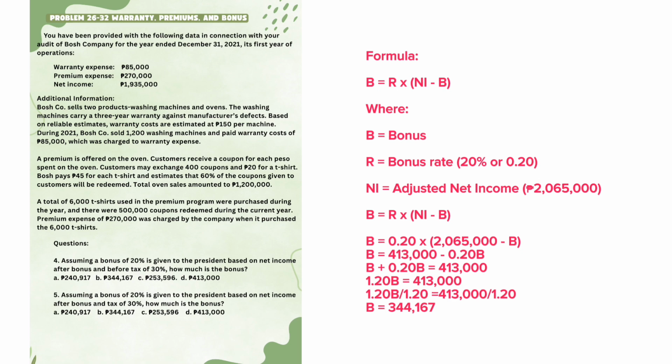So we have B plus 0.20 B equals 413,000. Since bonus plus 0.20 bonus is the same as 1.20 B, we rewrite the equation as 1.20 B equals 413,000. To solve for the bonus, we divide both sides by 1.20. So we come up with the answer of 344,167 pesos, which is option B.